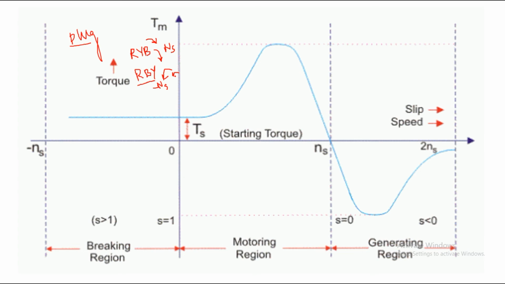Once the speed of the rotor has been reduced to some extent, then we can go for mechanical braking. But before that, once the speed has reduced to some extent, we disconnect the stator from the main supply.